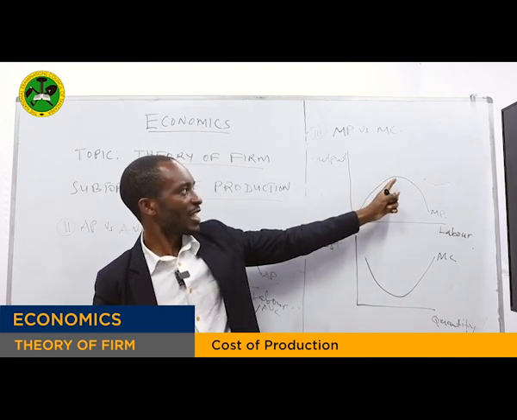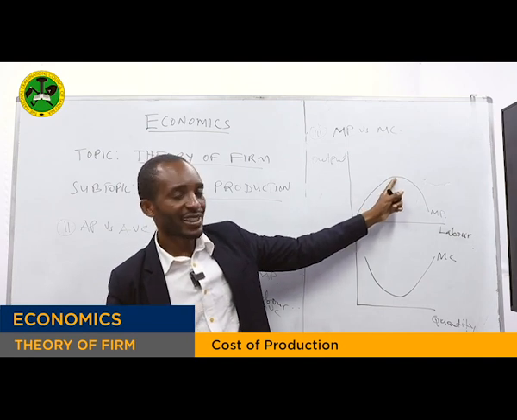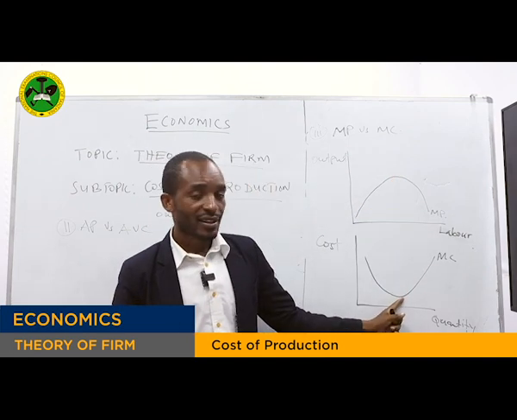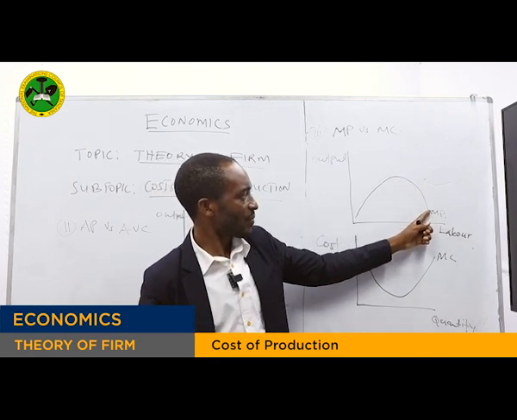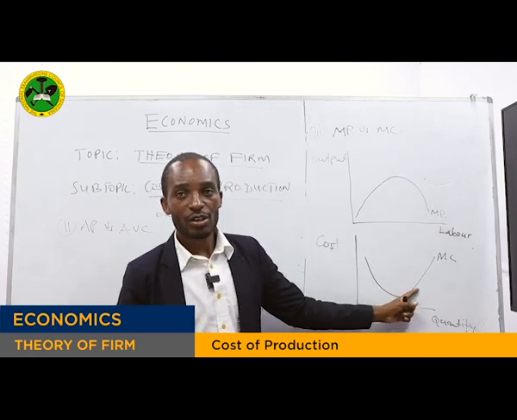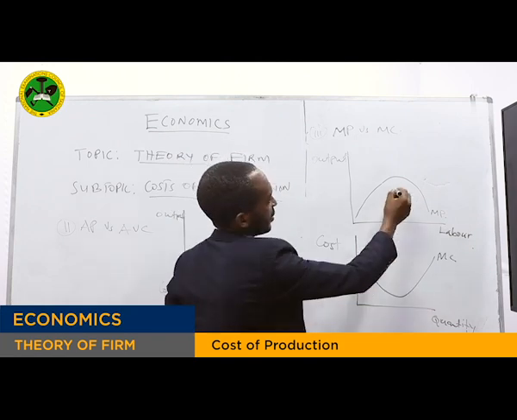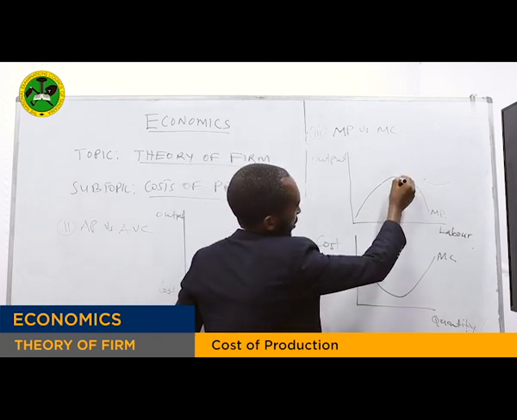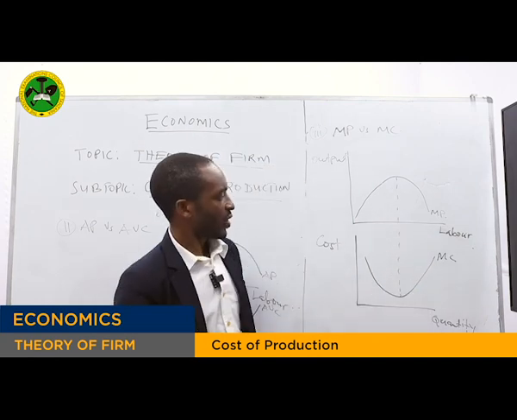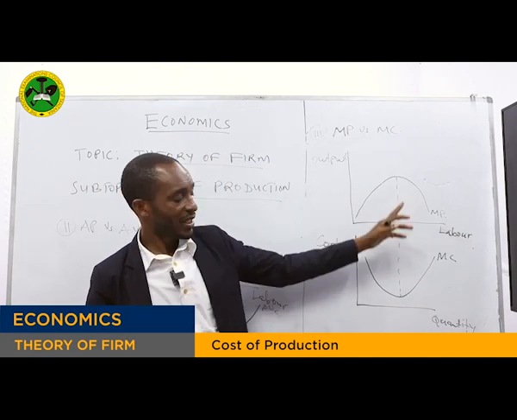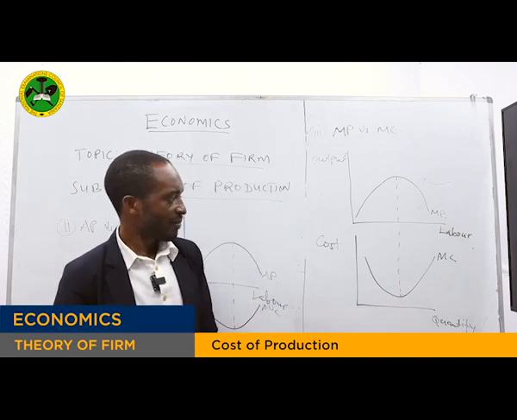When marginal product is at a maximum, the marginal cost is at a minimum. When marginal product is declining, the marginal cost is increasing. So we can show it like this. Here is maximum and here is minimum.